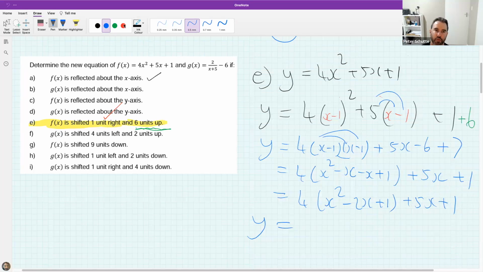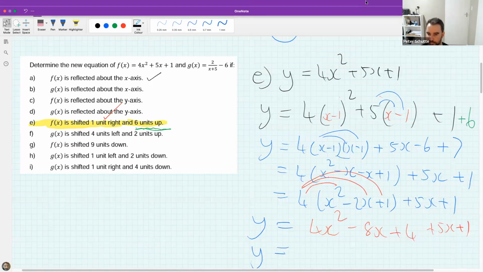I'm thinking this 4 needs to be distributed out. So that's one part of it. Oh, wait, I'm making a silly mistake here. What's my final standard form going to look like?